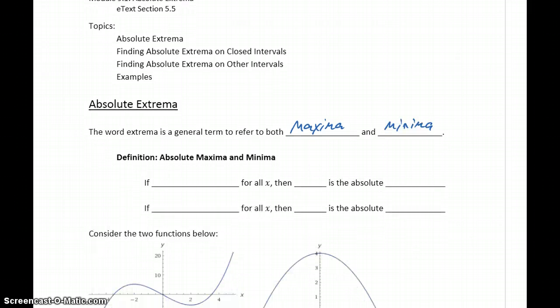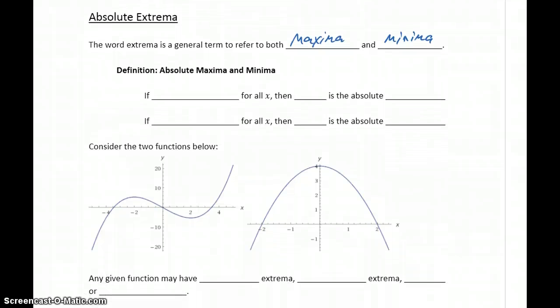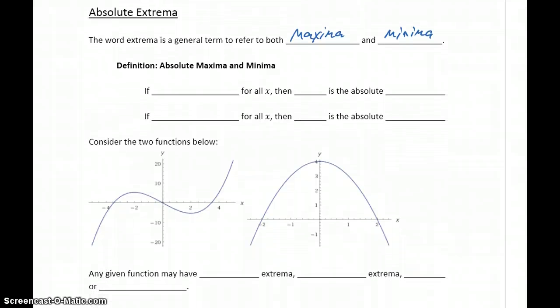So the difference between absolute and local extrema, which local extrema is what we covered before, is that an absolute maximum or minimum occurs if some function value, f of c, is greater than or equal to f of x, so our function evaluated for any other value of x, then that function value f of c is the absolute maximum.